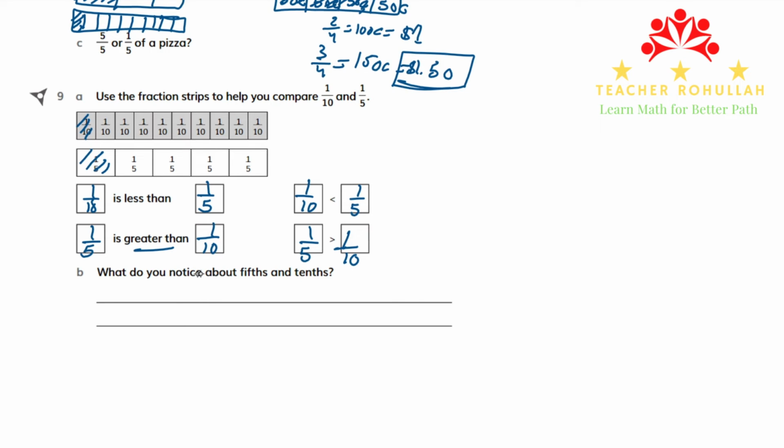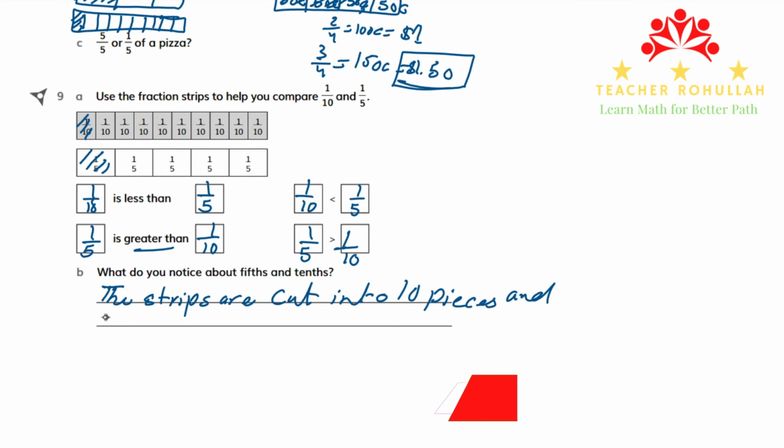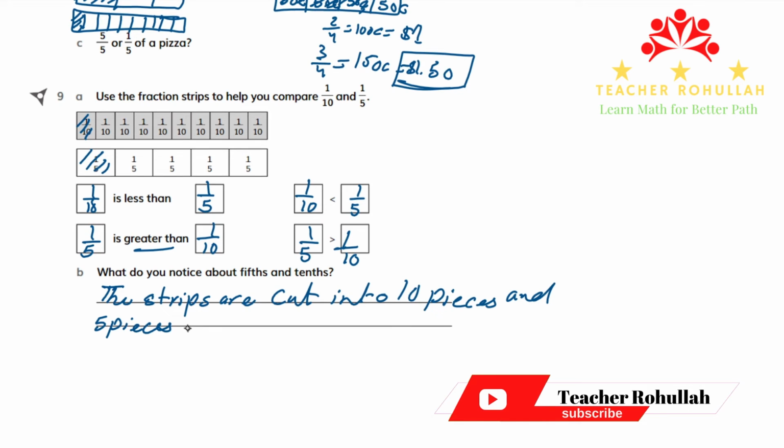Now part B says, what do you notice about fifths and tenths? What we notice here is that the strips are cut into 10 pieces and 5 pieces.